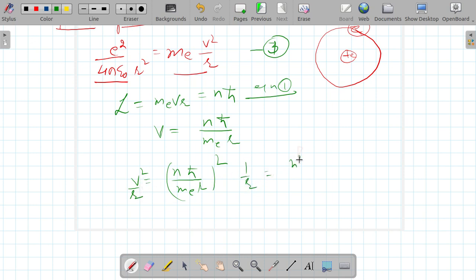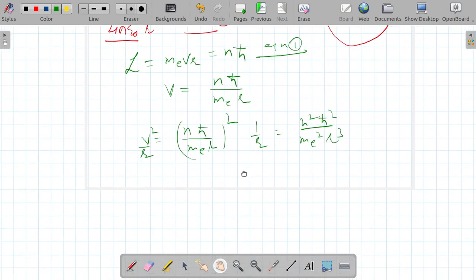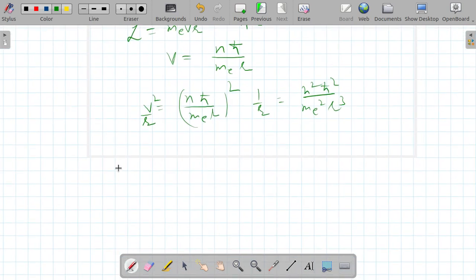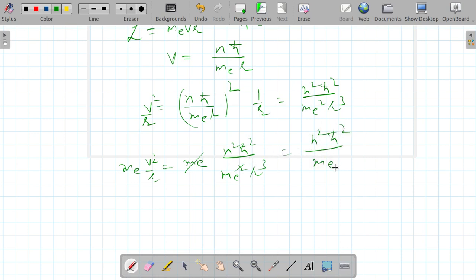So it is n square h cross square over me square r cube, and me v square by r comes out to be me times n square h cross square over me square r cube. So this will cancel out, and it is n square h cross square over me r cube.